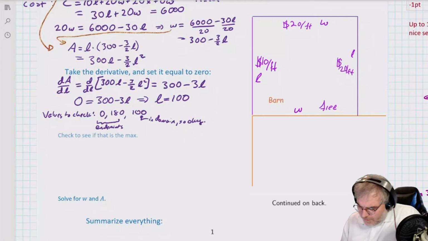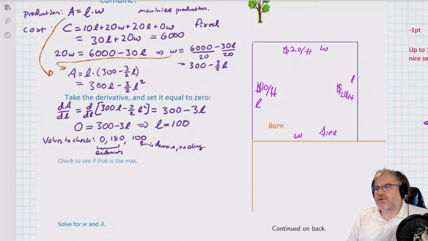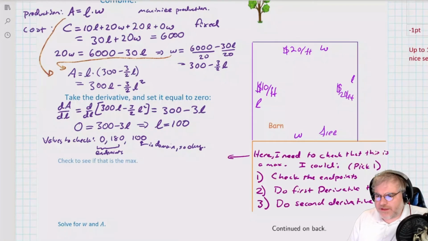All right, so now what I'm going to do is I'm going to check my critical numbers. Now, there are 3 things I could do here. I need to either check the endpoints, do the first derivative test, or do the second derivative test.